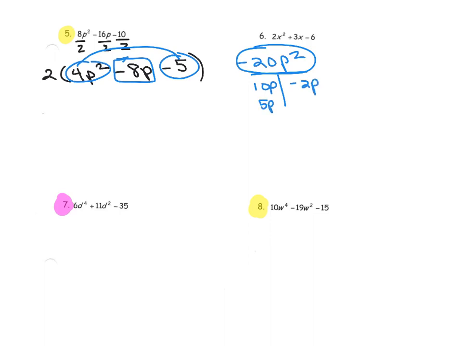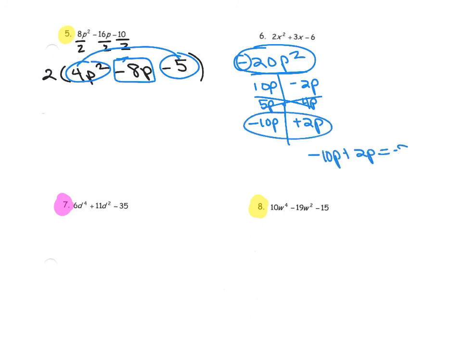We have 5p and negative 4p, because remember, it has to multiply to a negative number, so one of them has to be negative. Well, 5 minus 4 is not going to get me to negative 8. 10 minus 2 is going to get me to positive 8, so maybe let's try negative 10p plus 2p. There you go. Negative 10p plus 2p is negative 8p. So I have my value that I can split the middle with.